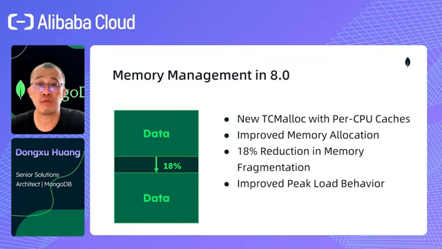In testing, we have seen improved performance while reducing the memory fragmentation size by up to 18%. The lower fragmentation improved operational stability, especially during peak load and unconventional usage patterns.